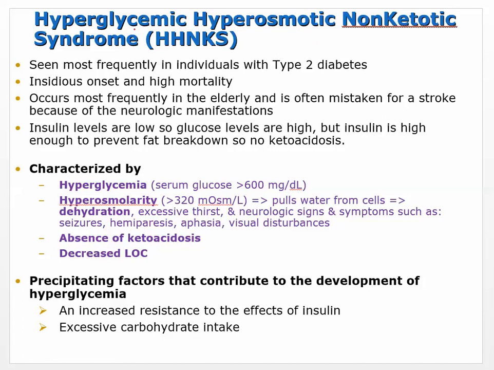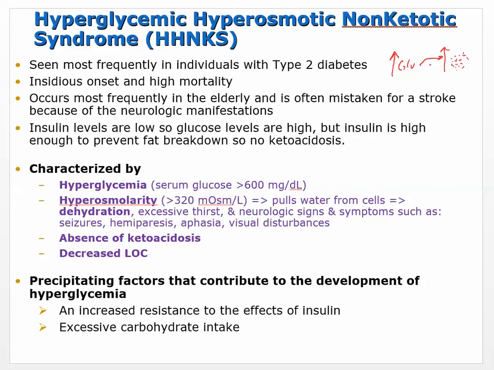Okay, so hyperglycemic means that your glucose levels are high, and hyperosmotic means that you have a lot of particles in your blood, aka glucose. Okay, so you have increased osmotic potential in your blood, primarily from the increase in glucose in your blood.